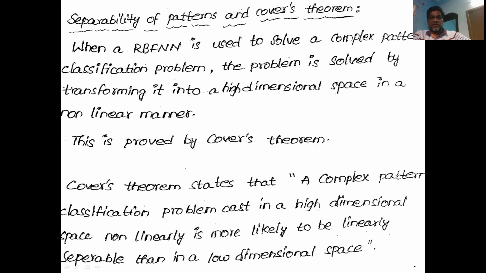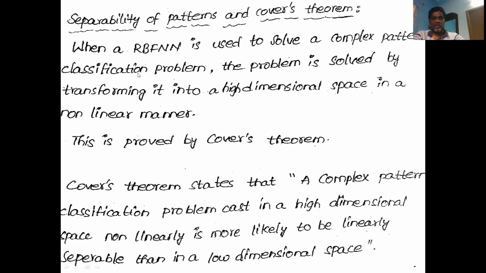Pattern separability, as the name itself indicates, means there will be a set of input patterns, and we are going to look at whether the input space is separable or not, and how many types of separations we can perform. So that is the topic we are going to discuss now.